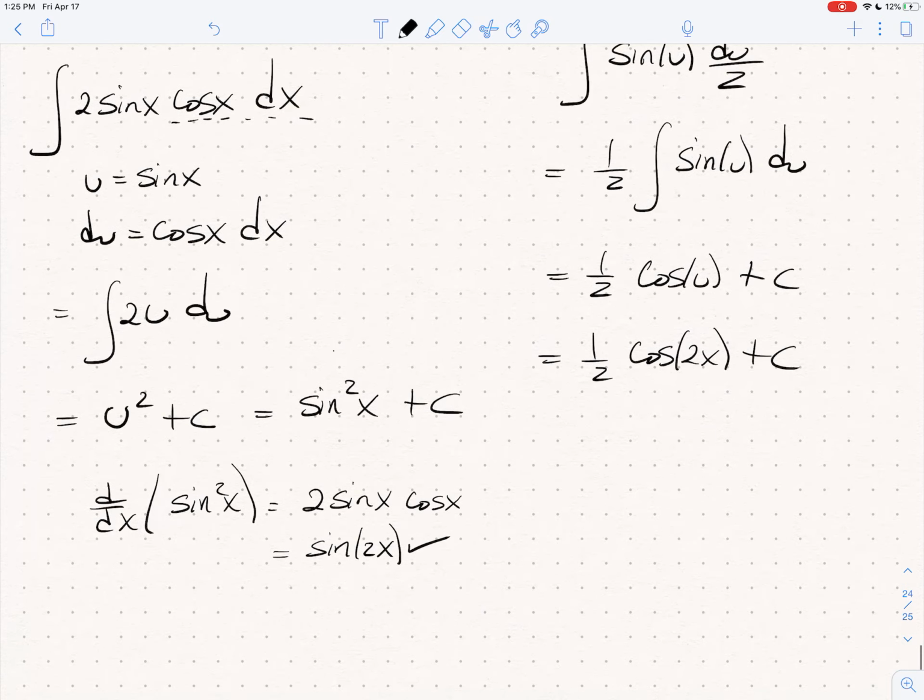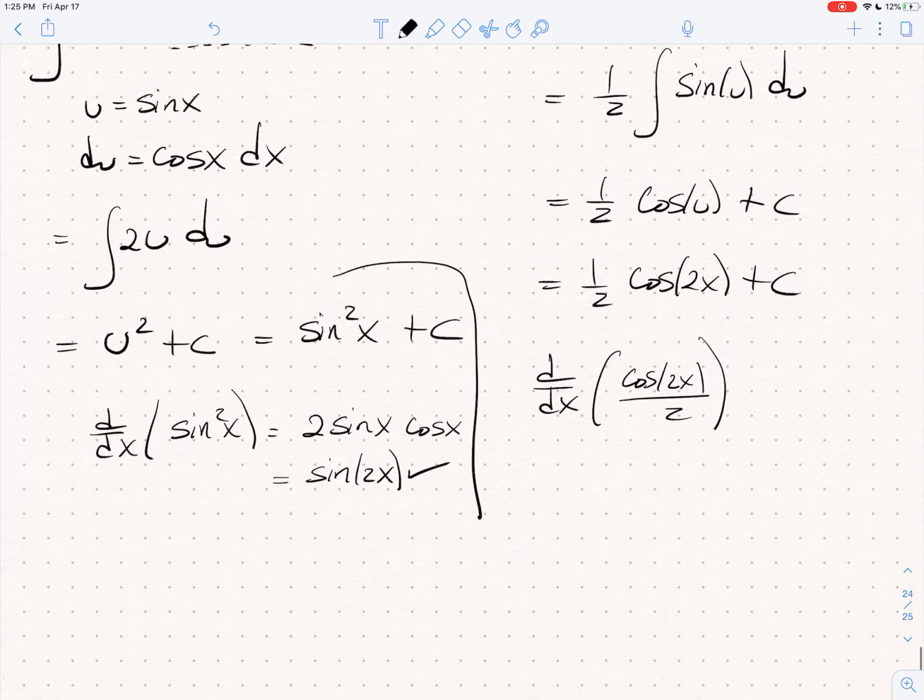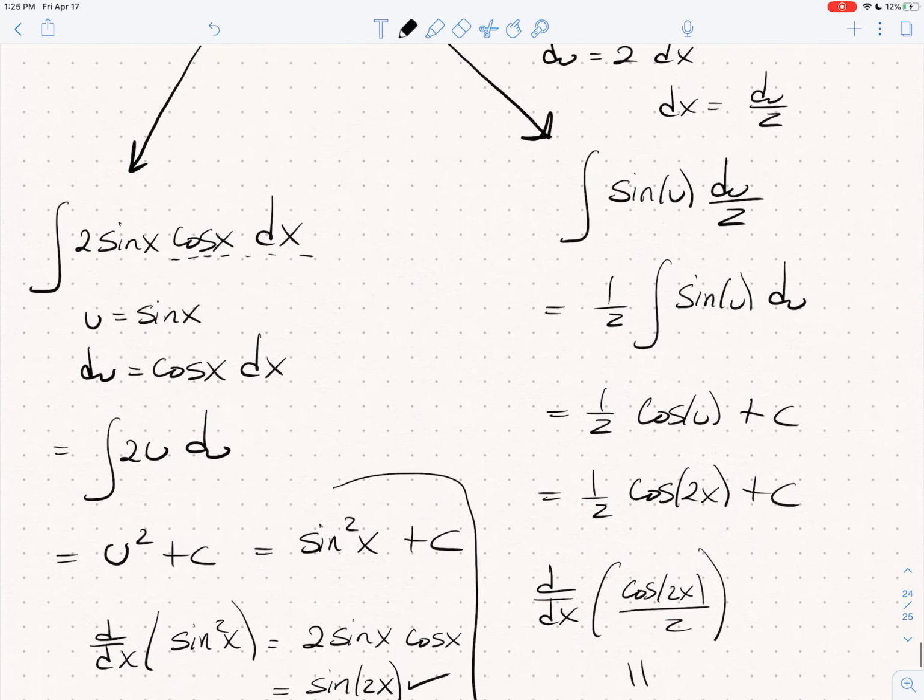So that one is certainly true. It works. Okay, what if we check this one? We take the derivative of cosine of 2x over 2, and the derivative of cosine is minus the sine of 2x.